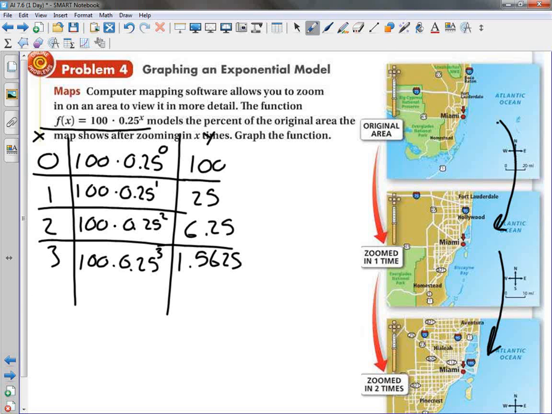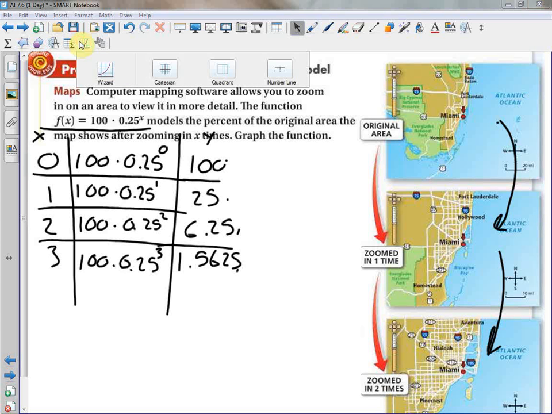So if we do 0 zooms, we're at 100% of the map. 1 zoom, we see 25% of the map. 2 zooms, we see 6.25% of the original map, and after 3 zooms, we only see 1.5% of the original map. So let's plug those in.